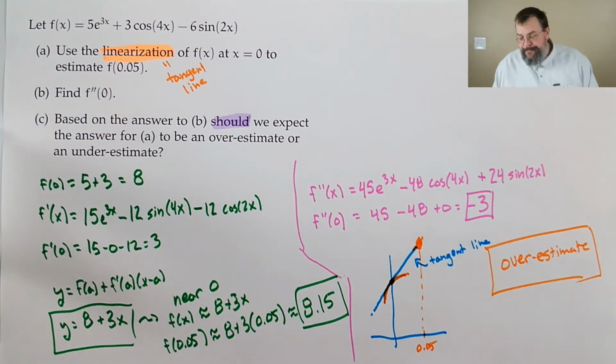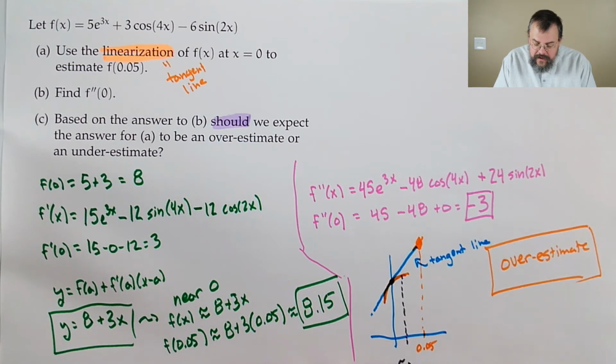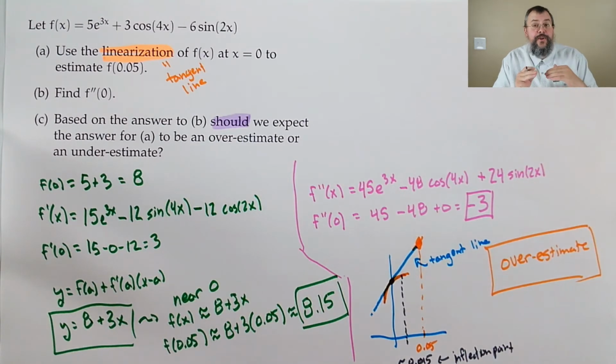It turns out, and not obvious at all, that if you look on this curve at approximately 0.015, that's an inflection point. So even though the second derivative is negative, in a very short time, it turns positive, which means that we're starting to bend back in the other direction.